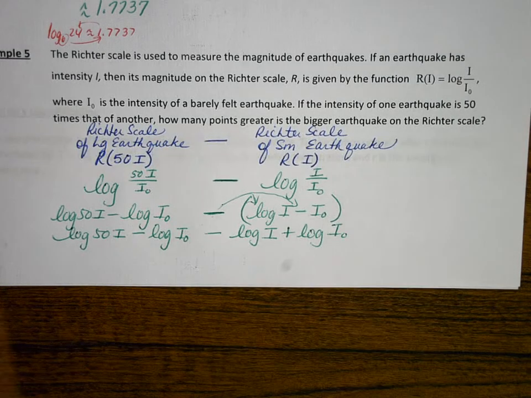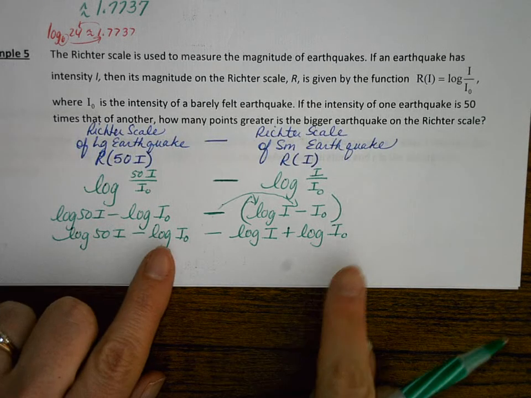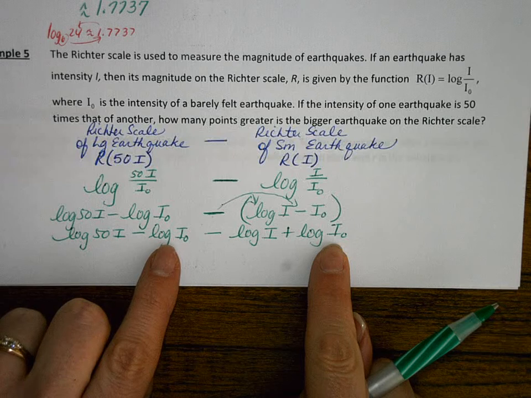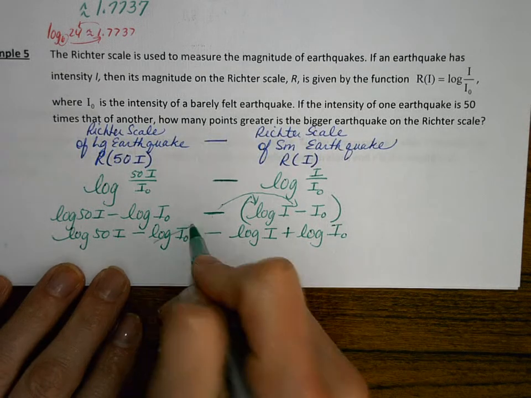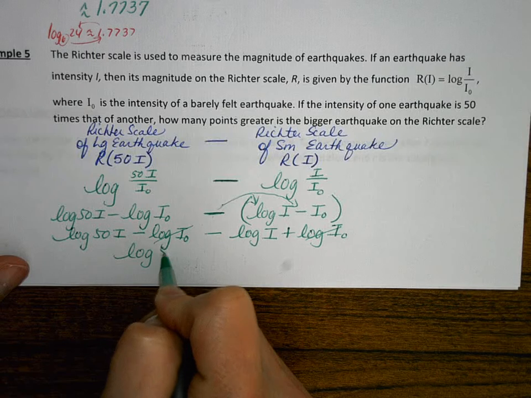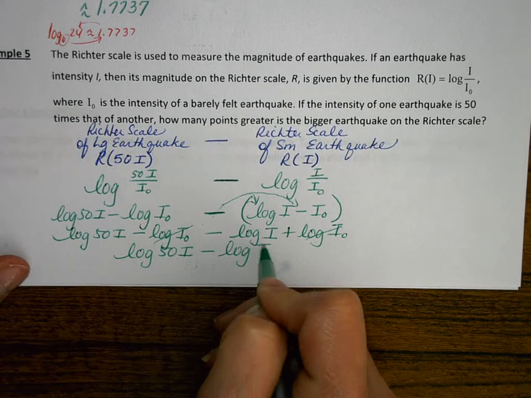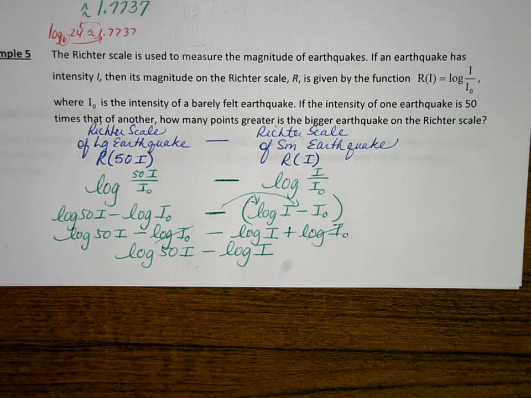All right, any comments? Log of I sub 0 here, negative log of I sub 0 there, they're going to cancel right away. Okay, so now I have the log of 50I, subtract the log of I. Beautiful. Anybody got any more thoughts on where we should go?